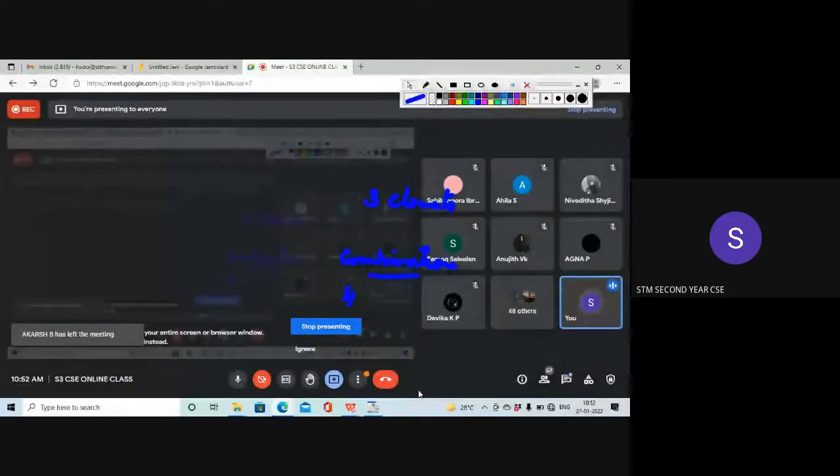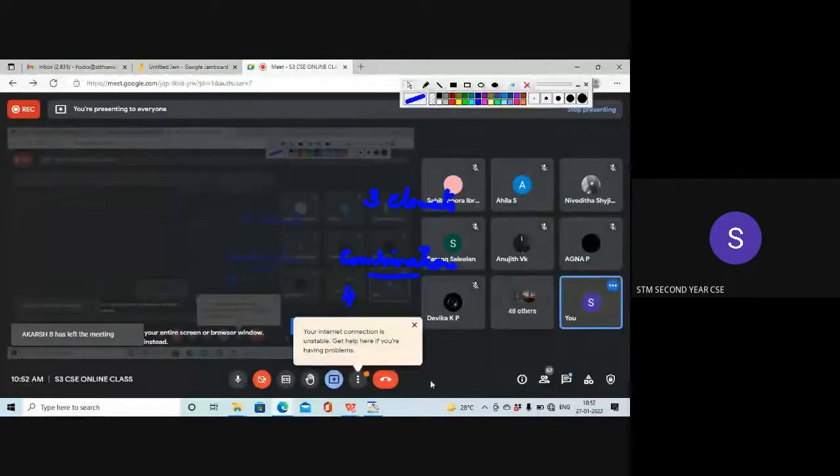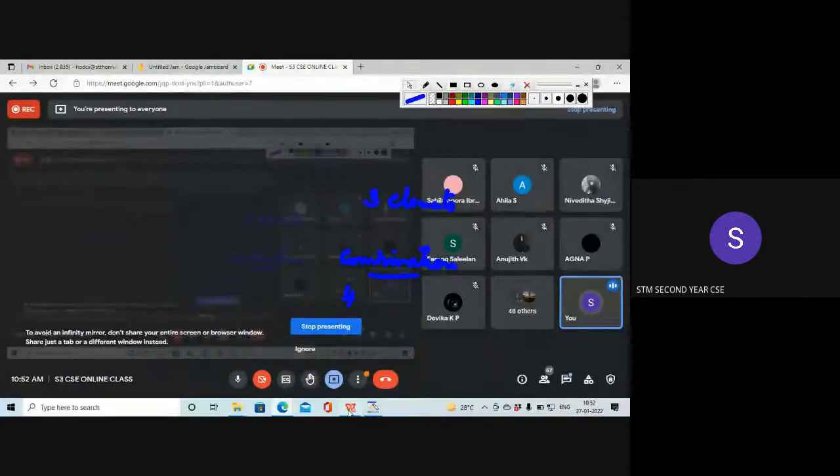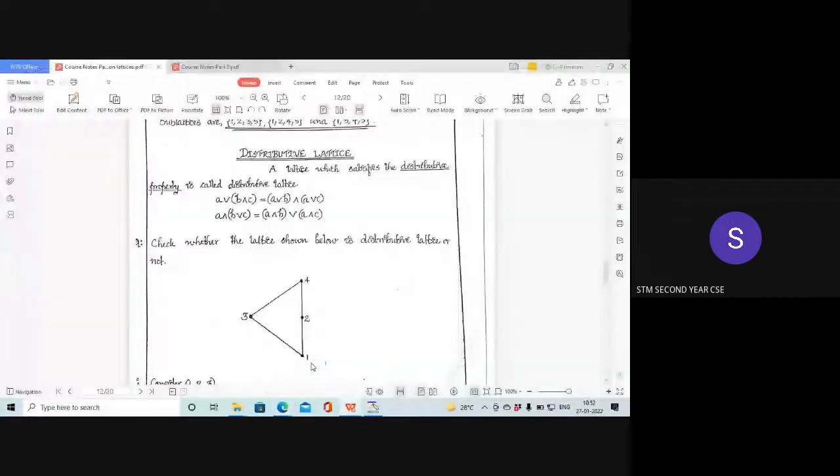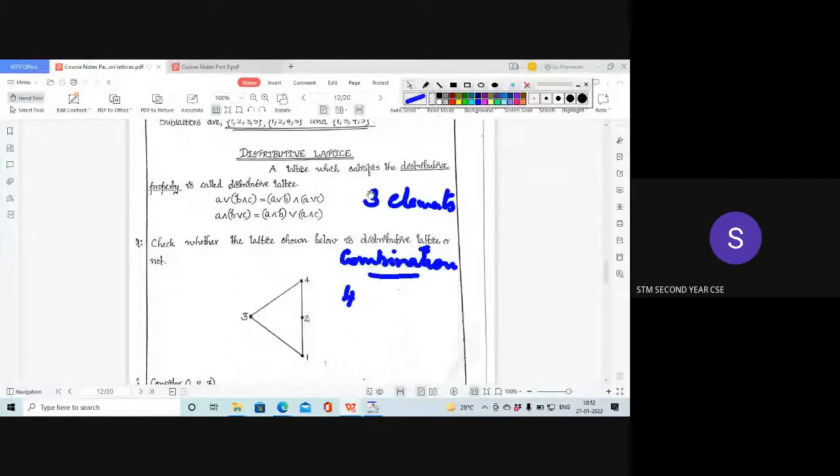Yes, 4C3 is 4. So, how will you write the different combinations from this? There are four combinations. For those four combinations, we have to check if these two laws are satisfied.